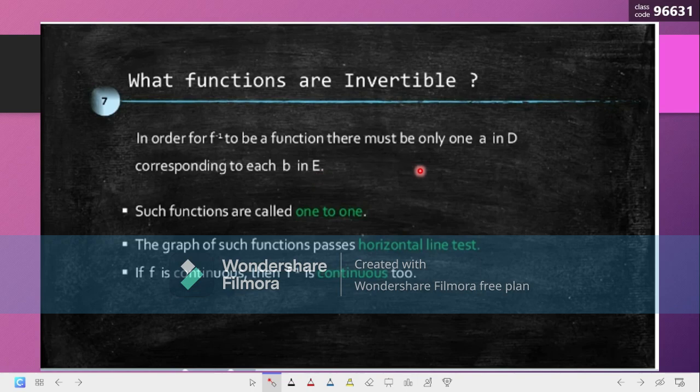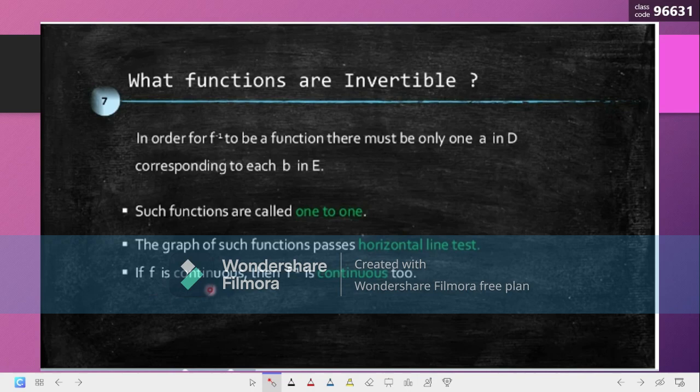Such functions are called one-to-one, meaning to say the values in your domain are not repeating, and no values in our range have been repeated. So that's one-to-one. And the graph of such a function passes the horizontal line test. We discussed that already.